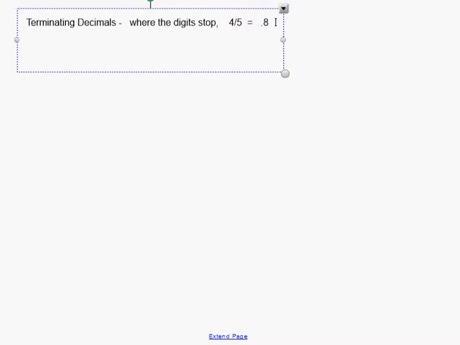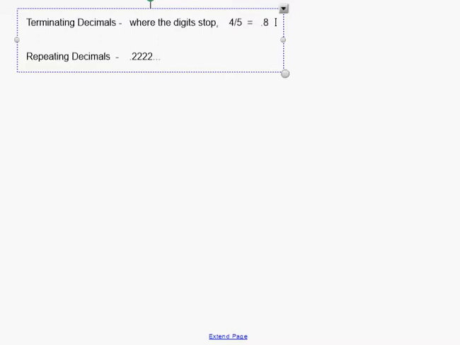But if we have a repeating decimal, that would be like 0.2222 dot dot dot.